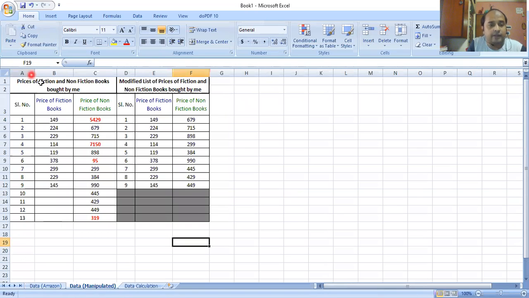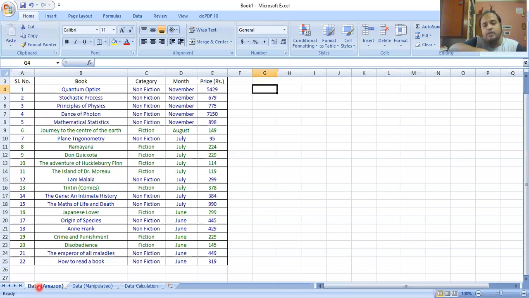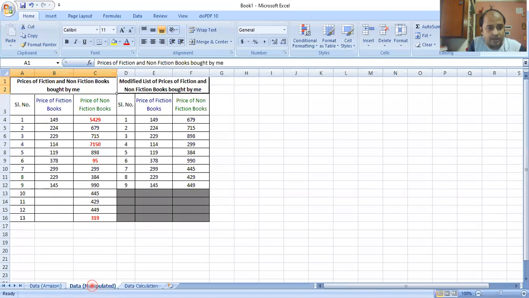I have shown here not the names. The data of the earlier sheet gives you the entire view, like the names of the books, category, and so on. But right now I'm not interested in the names of the books. I'm only interested in their categories, and very much interested in their price.